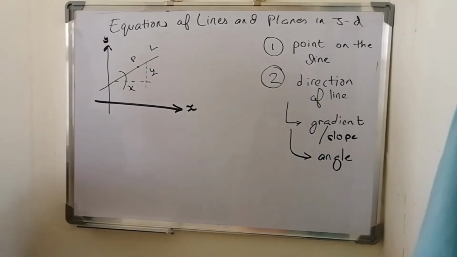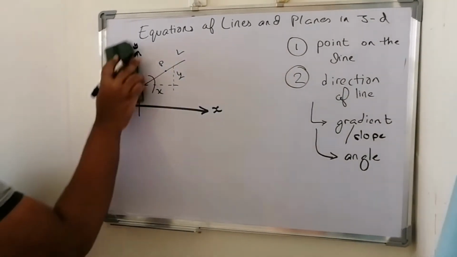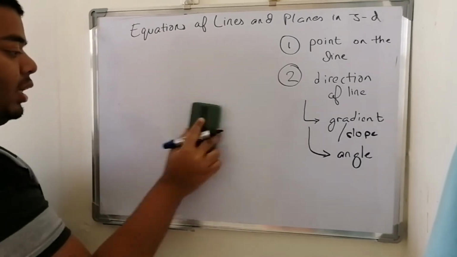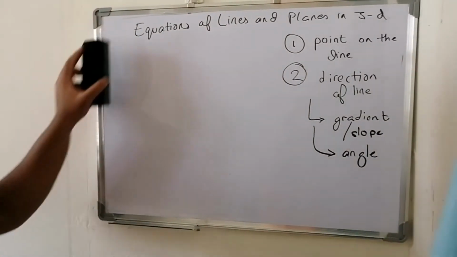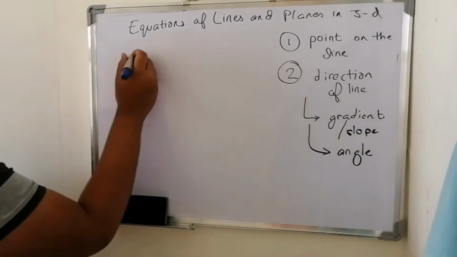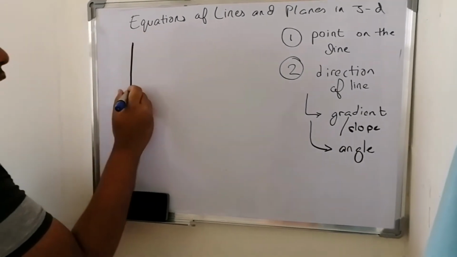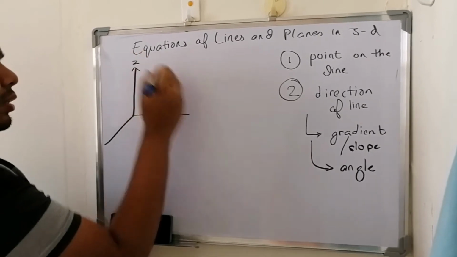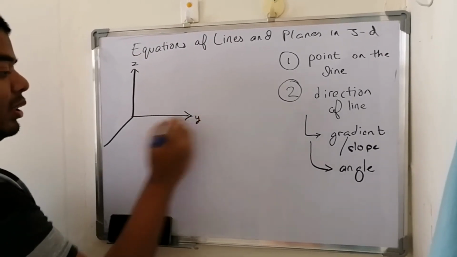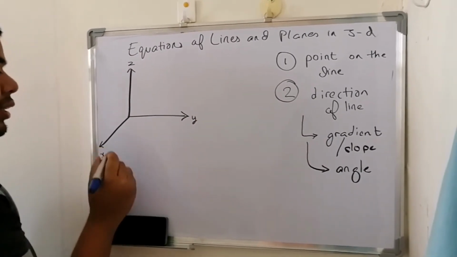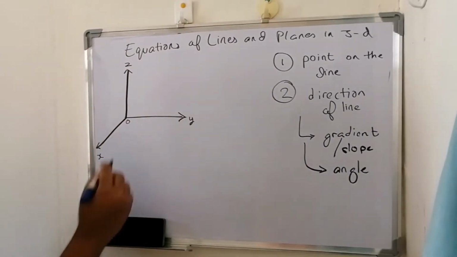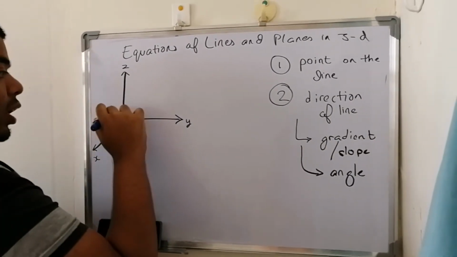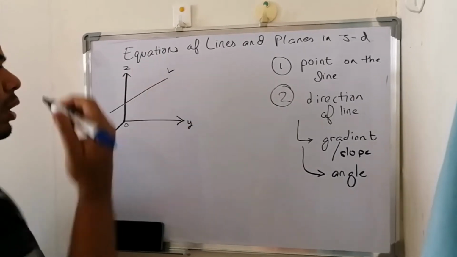Now let's consider the same line in three-dimensional axes. Let's draw the three dimensions, which is the x, y, and z axes. We have the z-axis here, the y-axis here, and the x-axis right here. This is the origin, and let's draw our random line L again.